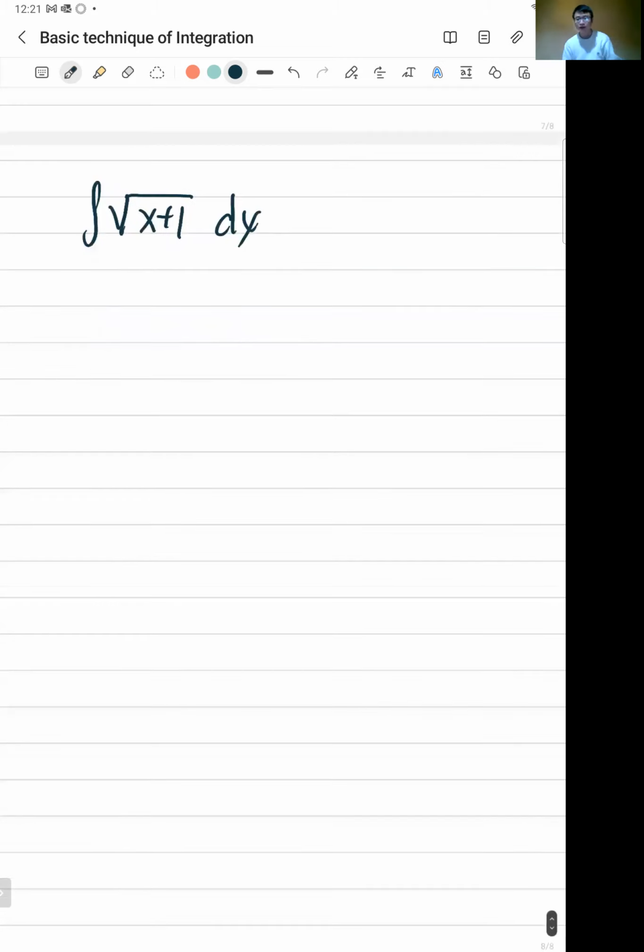When we started integrating, we wanted to integrate x to the power n, so we bring this power up by 1.